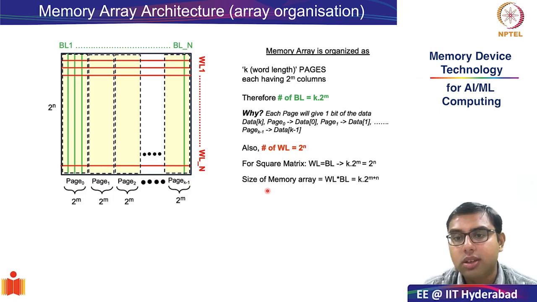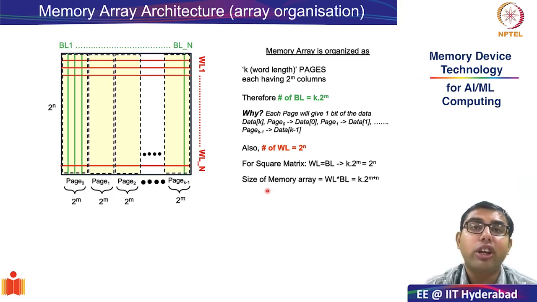As we know, the size of the memory array is determined by the number of individual cells. Also, we know that at the intersection of each word line and bit line, there exists a memory cell.